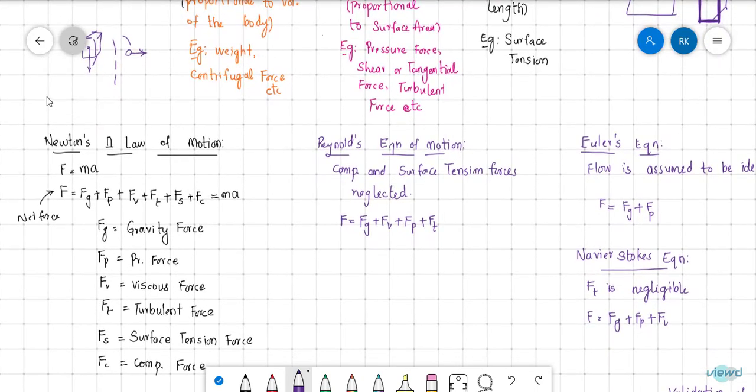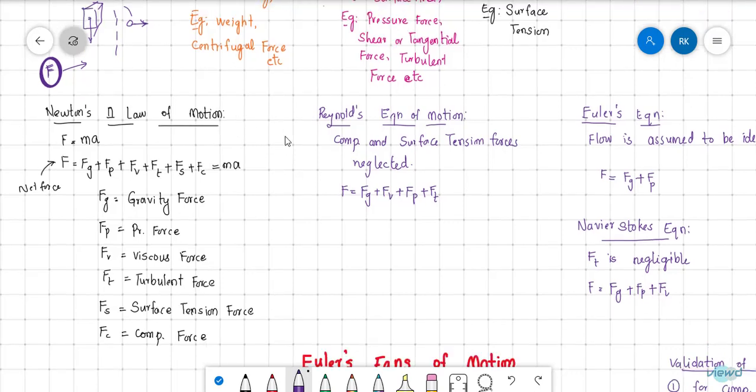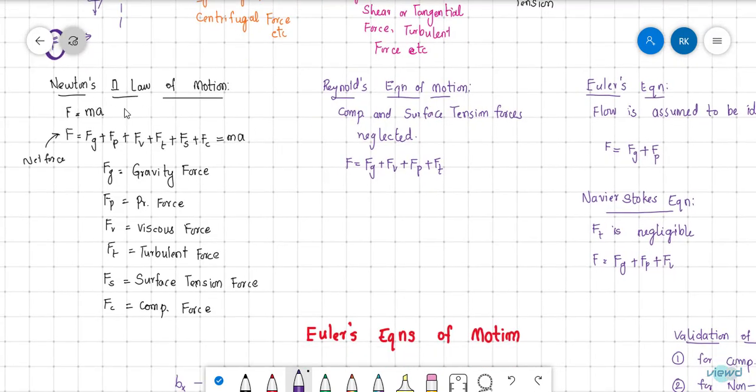These forces were considered by different scientists in different ways. By Newton's second law of motion, we know that F is equal to ma. This F is the net force.